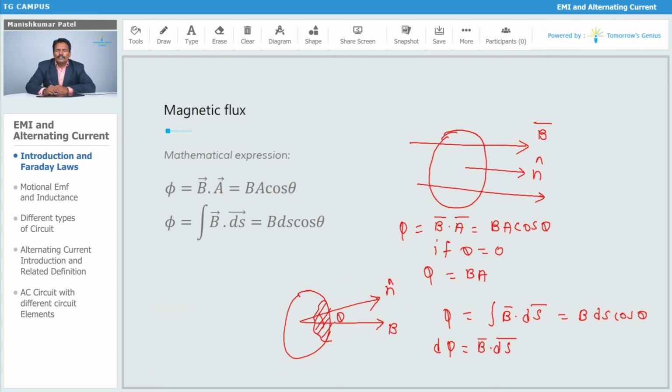Now to find the flux passing through the entire area, you have to take the integration. Then you will get the answer, which is obviously B dS, and you can easily find that value.